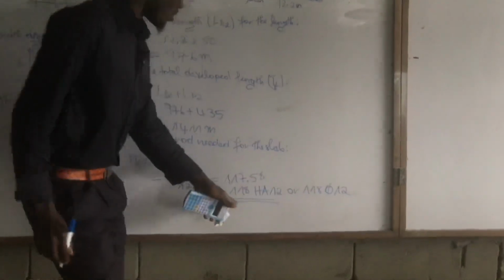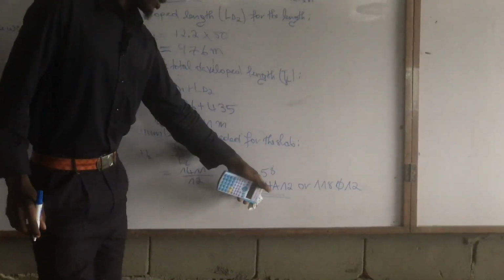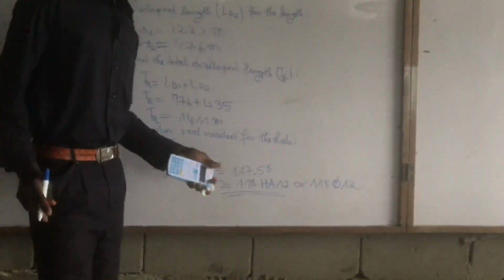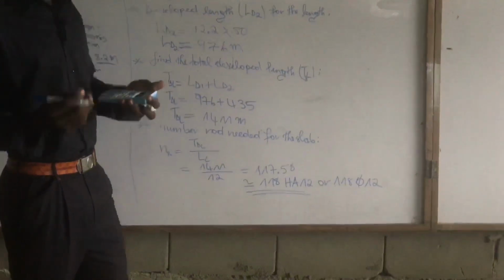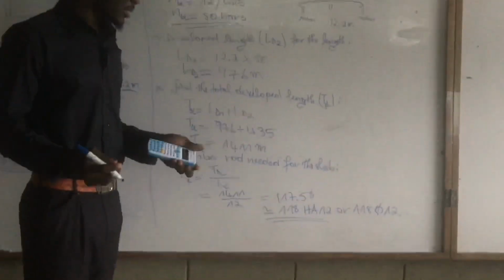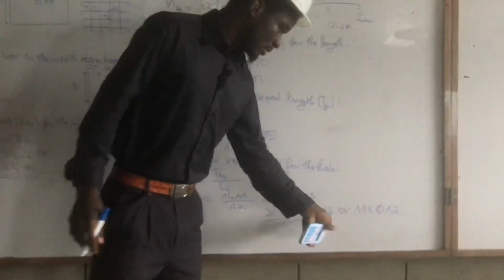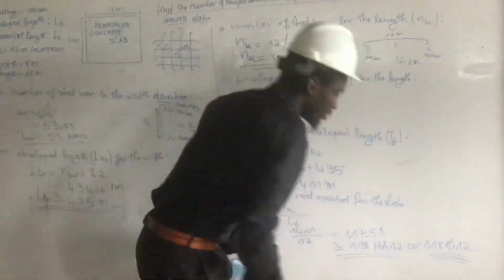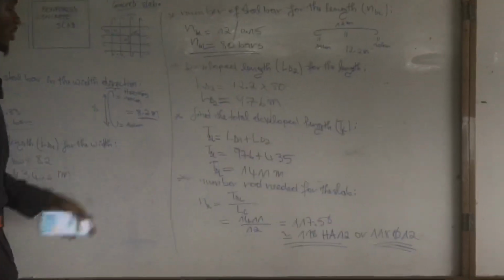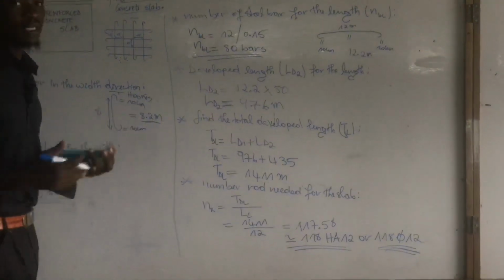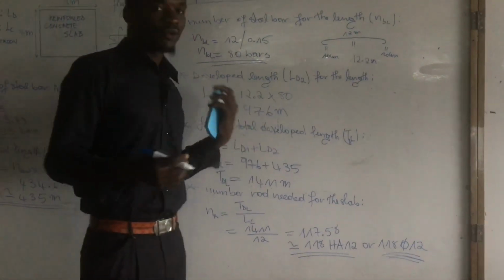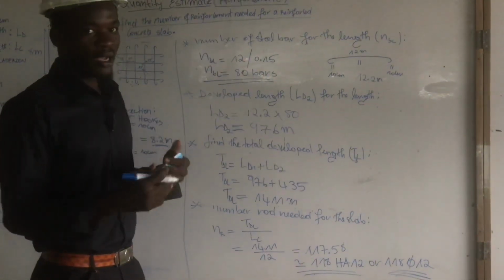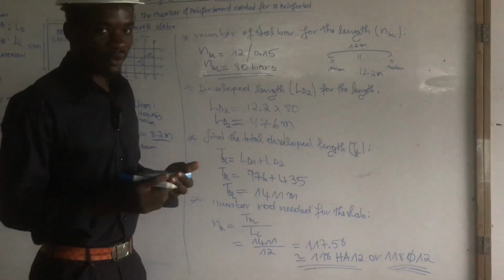That's 118 HA12, or 118 steel bar of 12 millimeter diameter. These two notations are valid for the solution. So that's how we can determine the number of rod needed to make our decking in the case of a reinforced concrete slab.